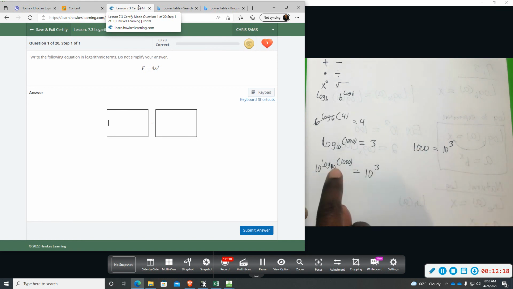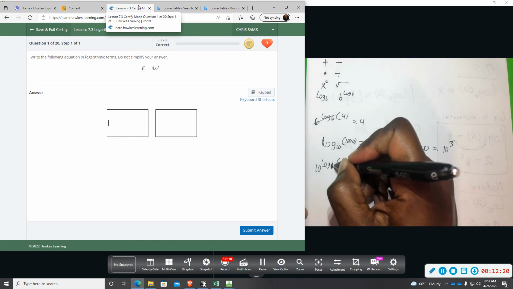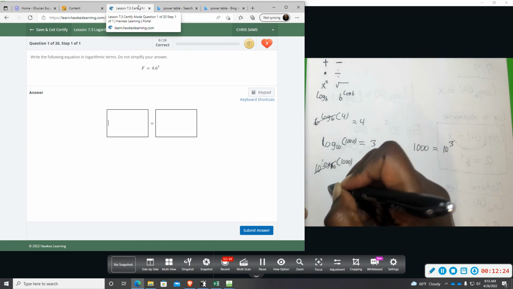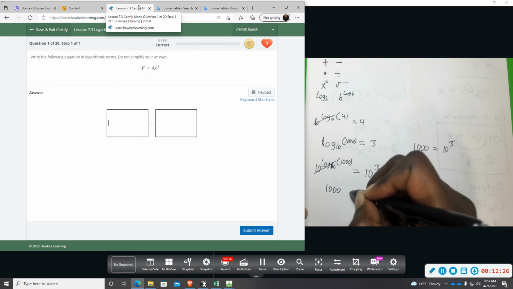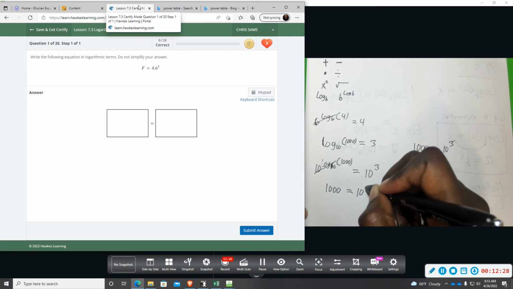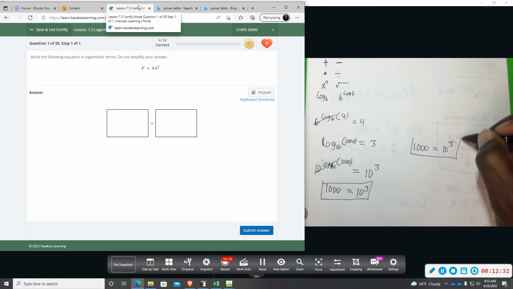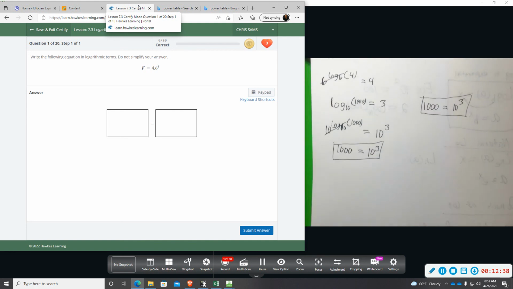The 10 and the log base 10 here cancel each other out, so that whole log gets canceled out, and you're left with 1,000 equals 10 cubed. That's just a property of logs that will cancel each other out.